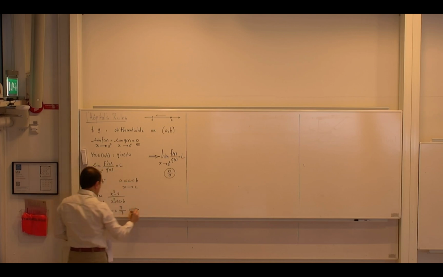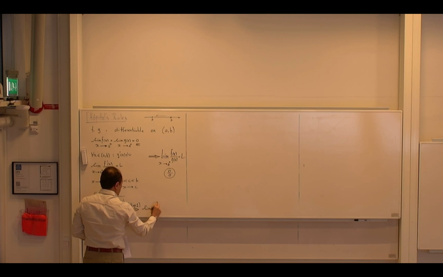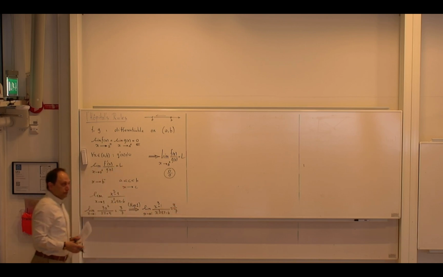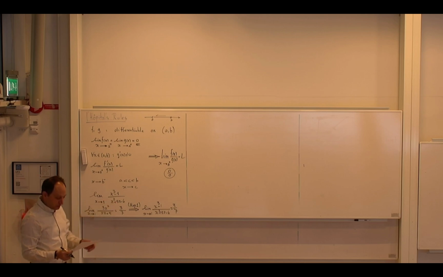So this means that L'Hopital's rule, L'Hopital number 1, tells me that the limit of x cubed minus 1 over x squared plus 5x minus 6, as x goes to 1, is equal to 3 over 7. So this is how we use L'Hopital's rule. This is probably the simplest example.